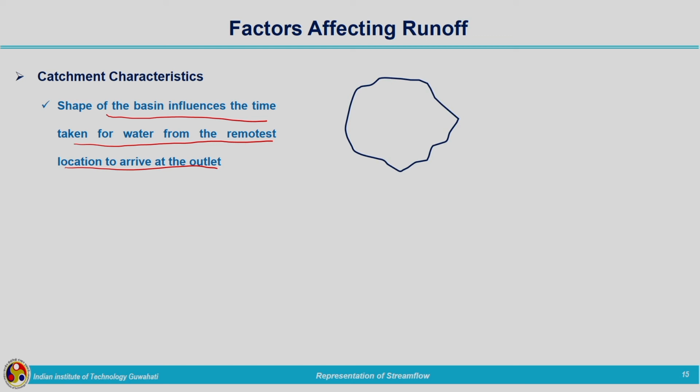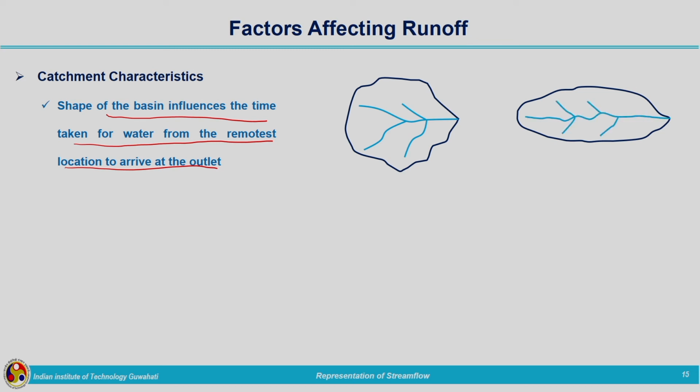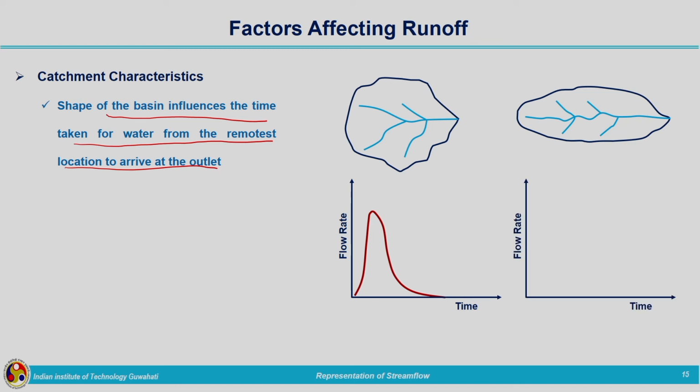If the watershed has a shape like this, with stream networks like this, it is termed a fan shaped watershed, and you can compare it with the elongated watershed, which is a very lengthy watershed. In both cases, if we plot the storm hydrograph, in the case of the fan shaped watershed we get a hydrograph like this, with a peak coming fast.